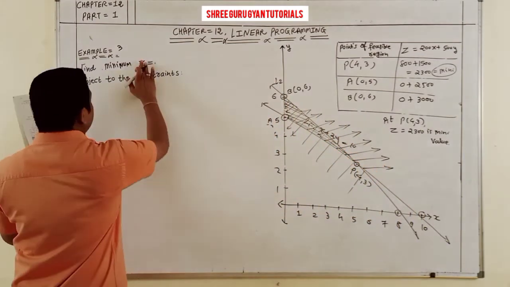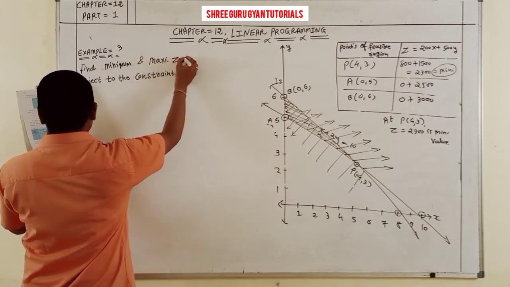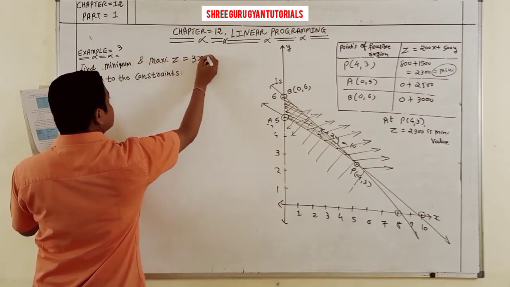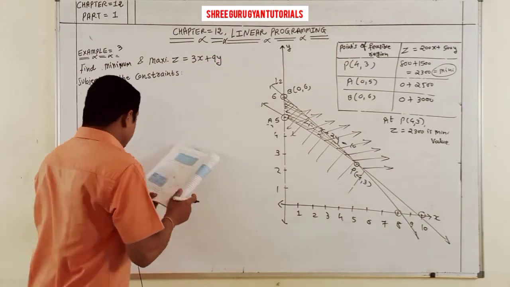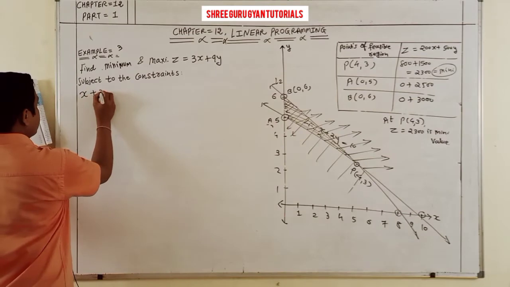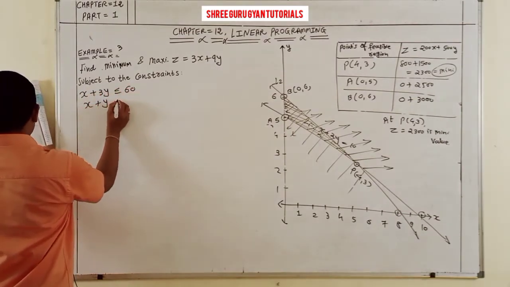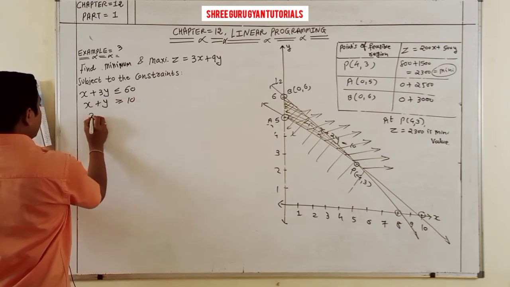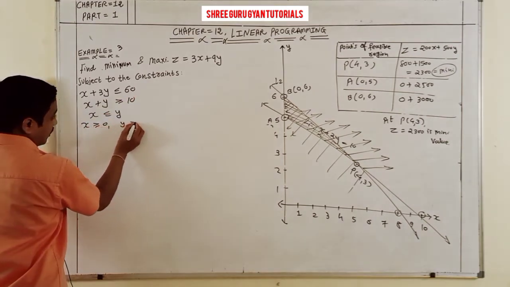Find the minimum and maximum of Z is equal to 3x plus 9y, subject to x plus 3y less than or equal to 60, x plus y greater than or equal to 10, x less than or equal to y, and x greater than or equal to 0, y greater than or equal to 0.